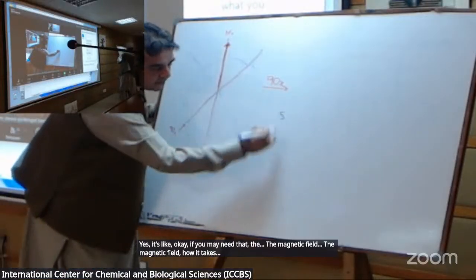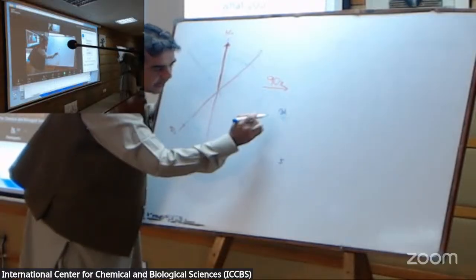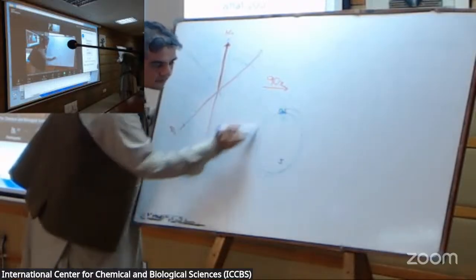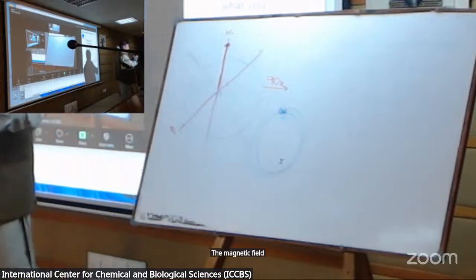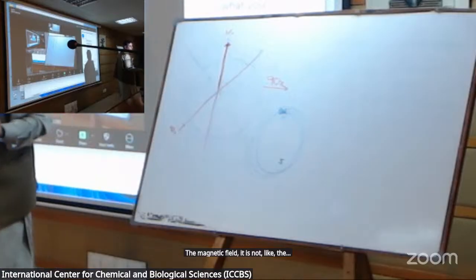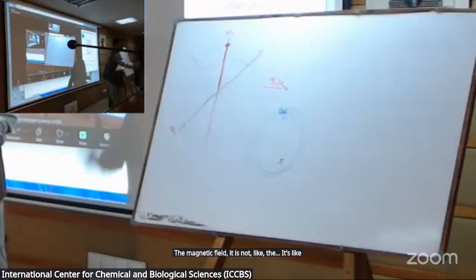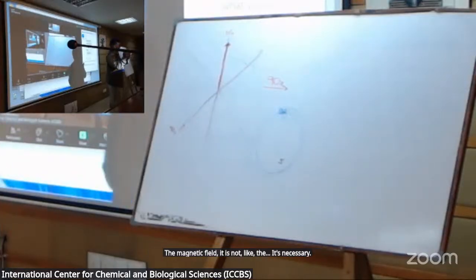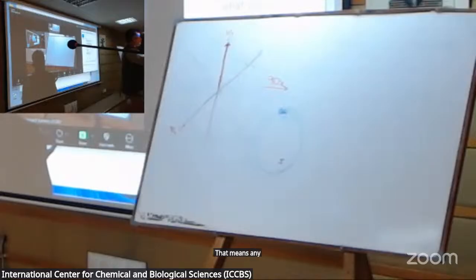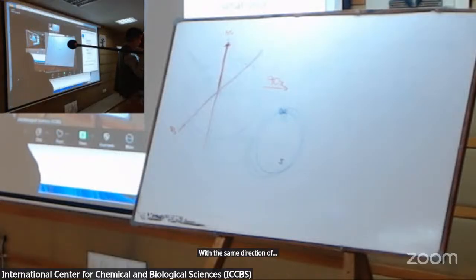The magnetic field is not like a direction. We know the shape of the magnetic field is like a circle. That means any pulse coming does not just hit; it takes the same direction as the magnetic field coming from the radio frequency.